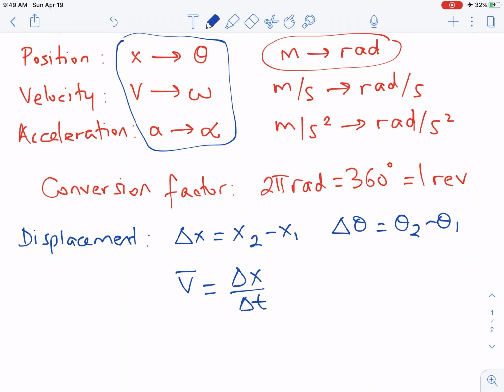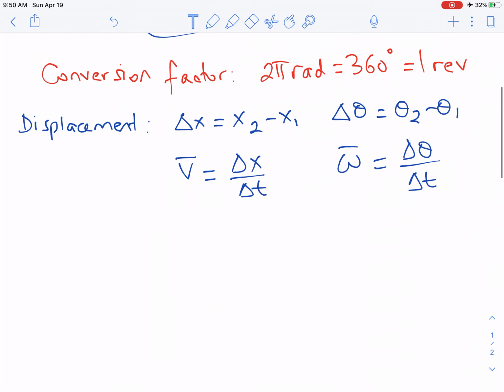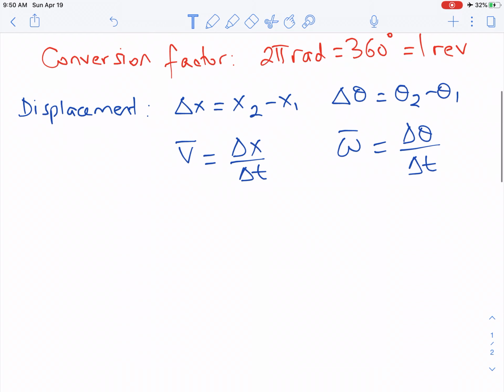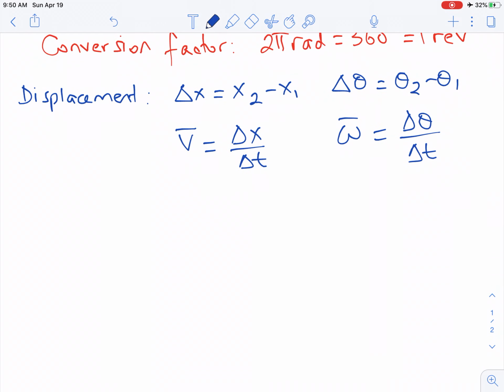Similarly, v goes to omega, x goes to theta. Here you go. We have the average angular velocity now. And we can write the instantaneous velocity. If you remember, we take the limit, right? This average is in terms of a time interval.